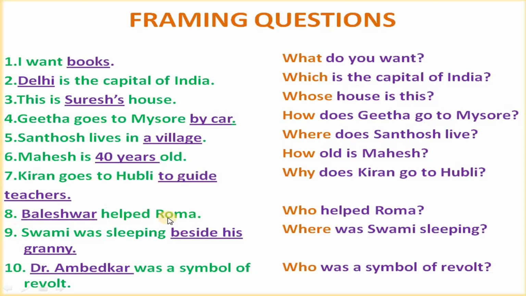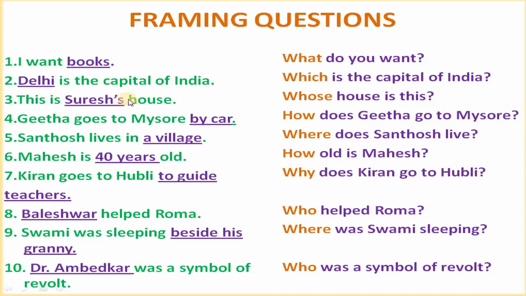Baleshwar helped Roma. Who helped Roma? Swami was sleeping beside his granny. Where was Swami sleeping? Dr. Ambedkar was a symbol of revolt. Who was a symbol of revolt? See here, there is no change of tenses, because the same tense is available in the question also.